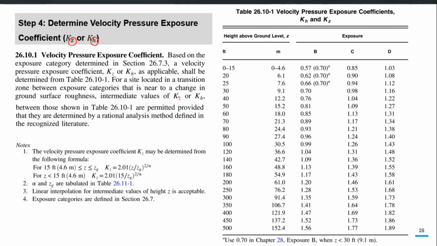So it is dependent on the height at which you are calculating this factor. Based on the exposure category, B, C or D, and based on the height above ground level, you will determine directly the value of the velocity pressure coefficient Kz or Kh from this table 26.10-1.